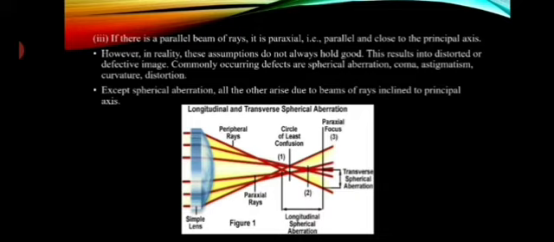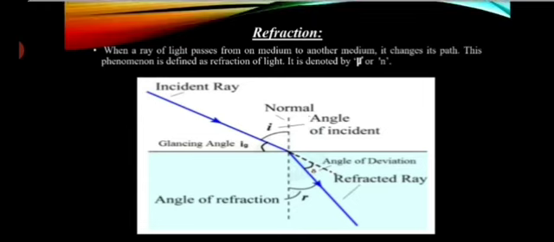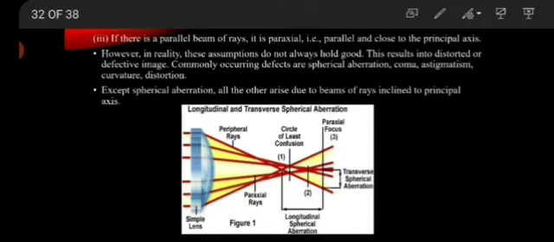The rays which are close to the principal axis, that is the paraxial rays, converge at a focal point F, which is shown here at point 2, whereas the peripheral rays, coming from a distant object or away from the principal axis, appear to converge at a point different than the one at which the paraxial rays converge.